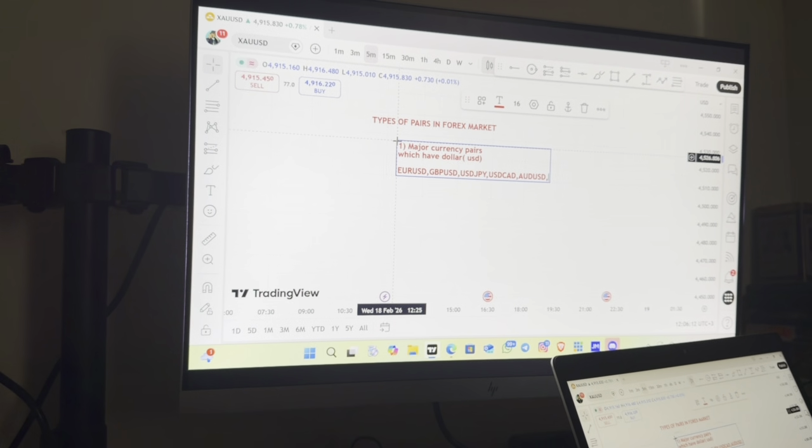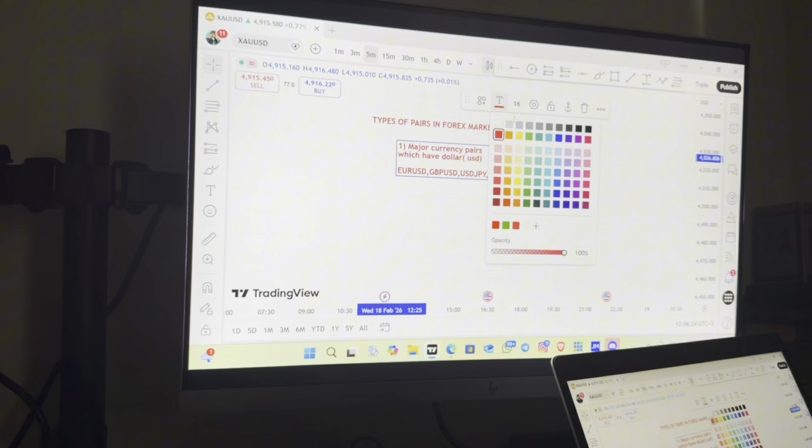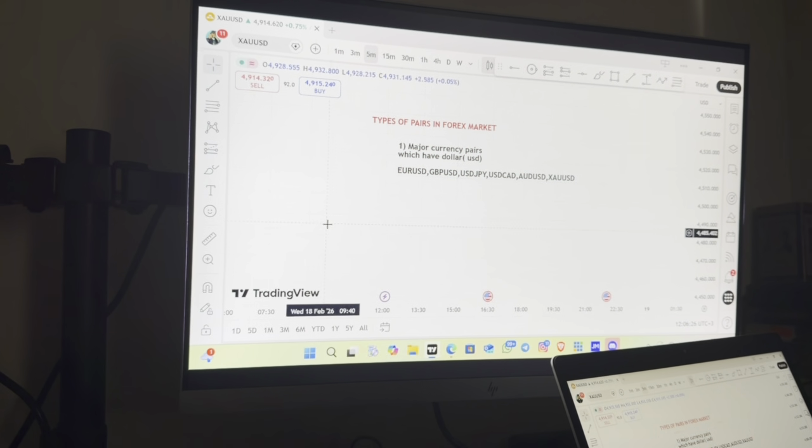There is also XAU USD. See any pair with a dollar? This is what we call a major currency pair. They are called major because they are commonly traded.